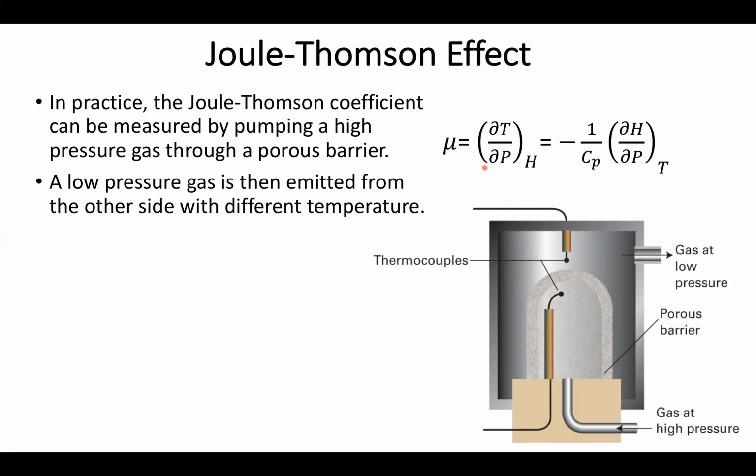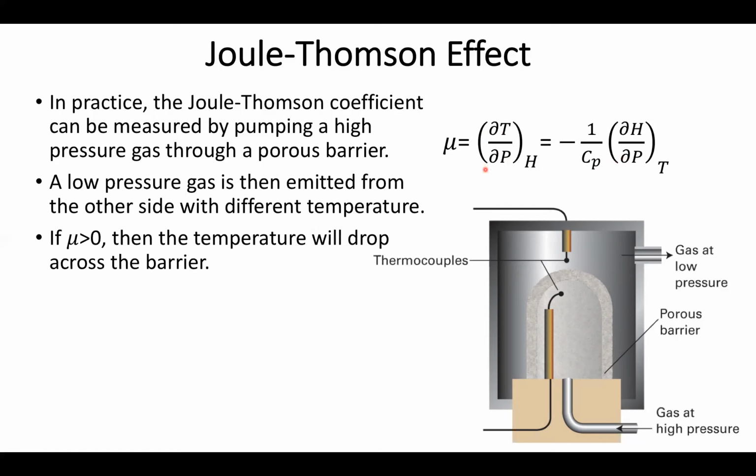But let's go ahead and think about what we may end up observing. If I have a temperature decrease, well, I've got a pressure decrease, so a negative change in pressure, and a negative change in temperature. So again, pressure drops, temperature drops. Then this gives me a positive Joule-Thomson coefficient.